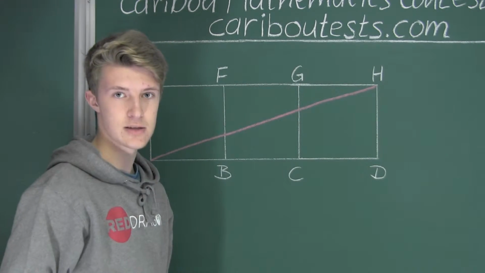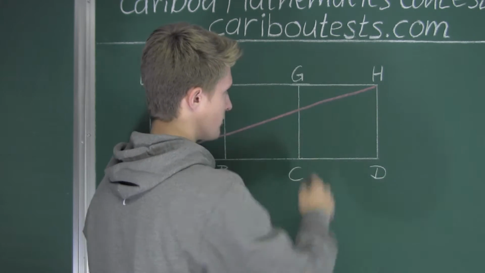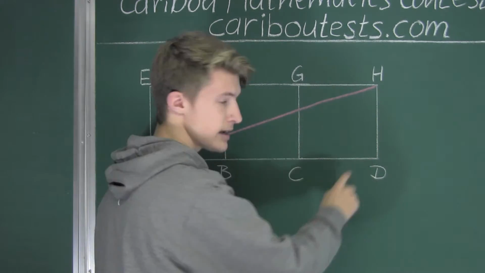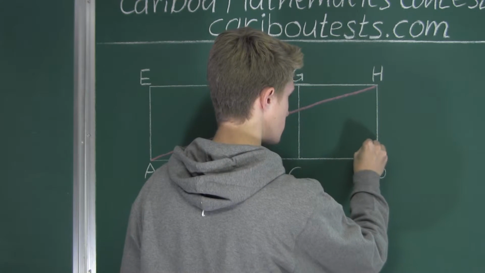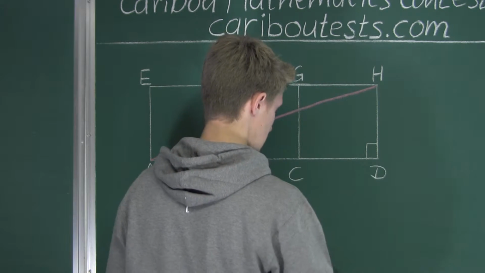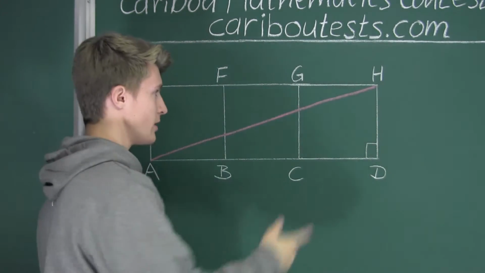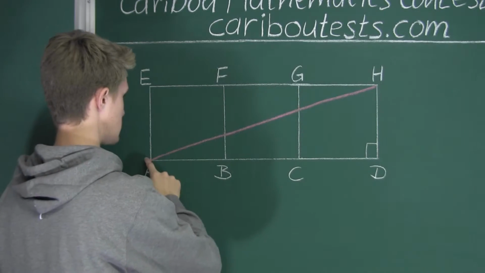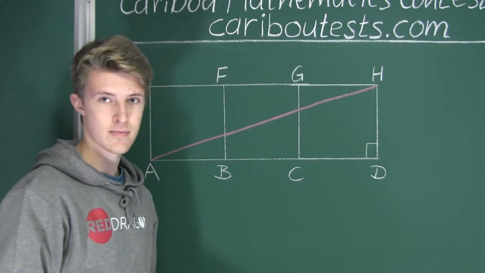And what we also must realize is that since this is one of the sides of the cube, this angle must be 90 degrees. And now since this angle is 90 degrees, we know that we are dealing with a right triangle, and the triangle would be ADH.